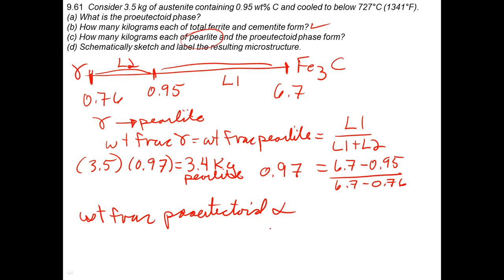So that means that the remaining mass fraction has to be pro-eutectoid cementite.